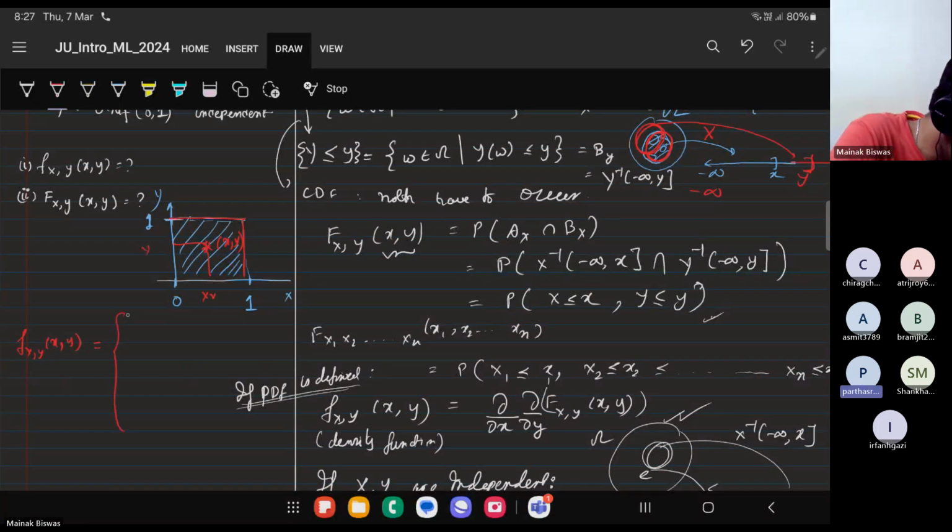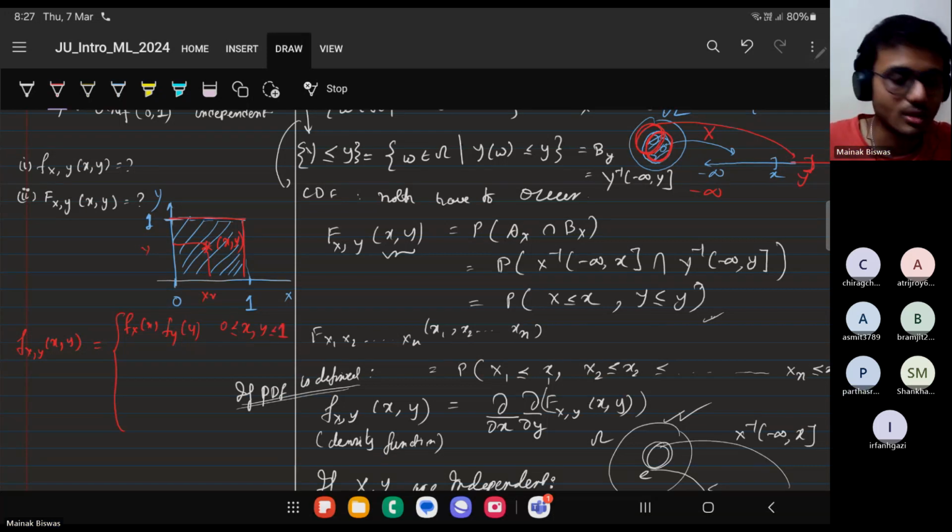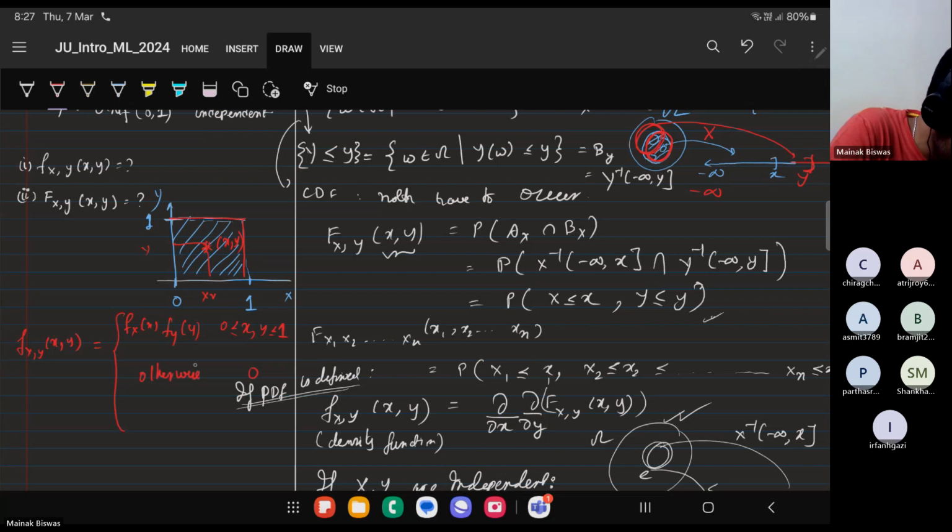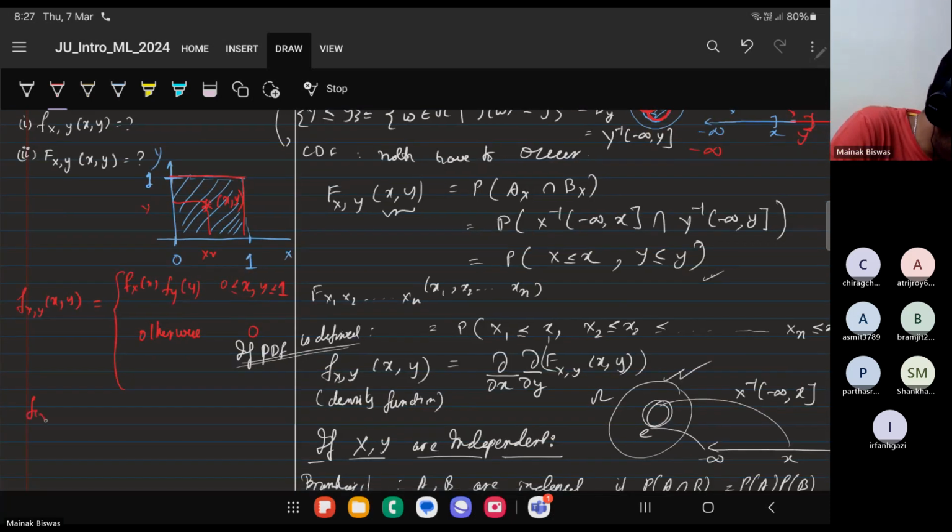fx of x into fy of y. Very good. If x comma y are between 0 and 1, right? Yes. 0 otherwise. So fx comma y of x y is going to be 1 in this box. Otherwise it is 0.